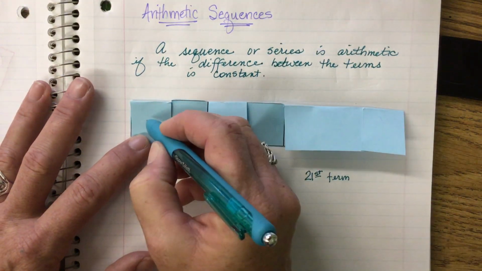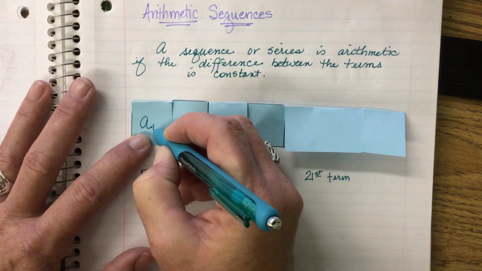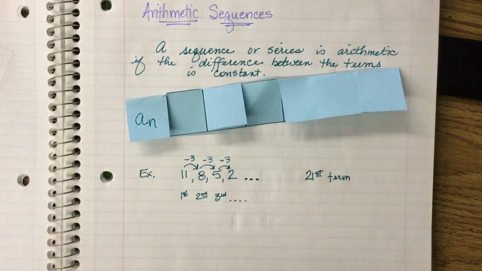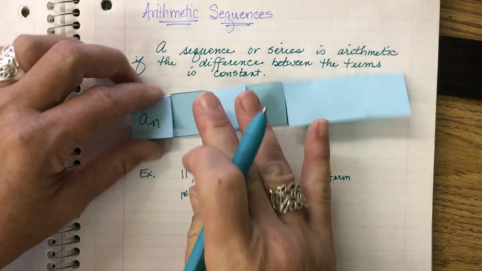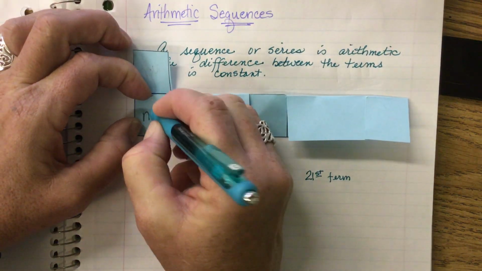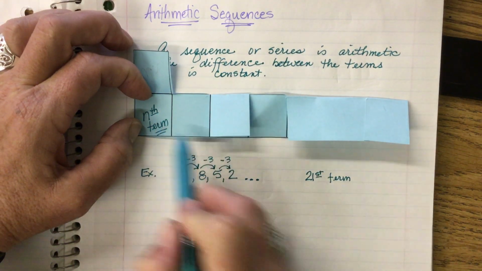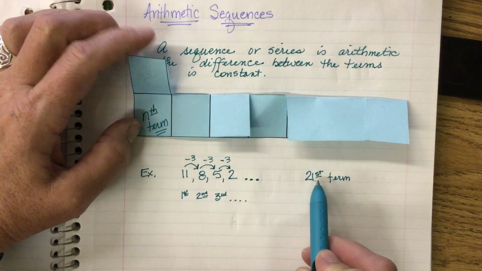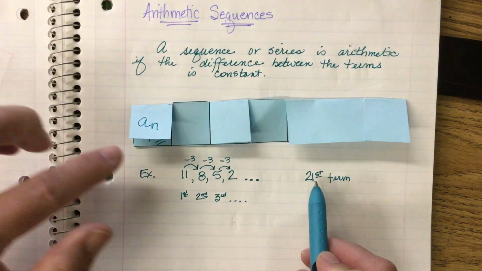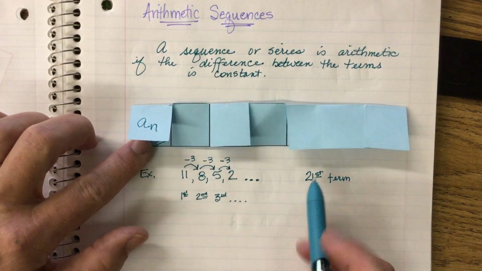The formula above, a sub n, okay? a sub n means the nth term. And in my case, I'm looking for the 21st term. So if I want to know the 100th term, I would put in 100 here, okay?